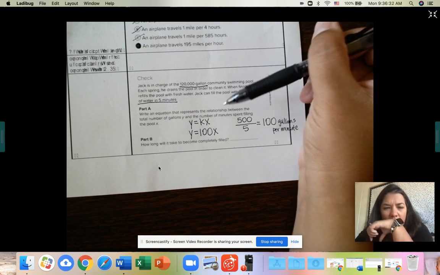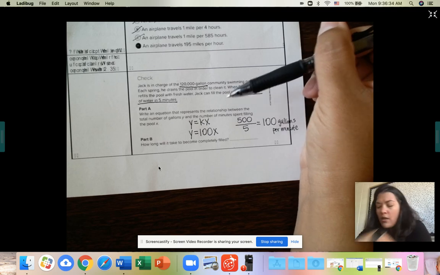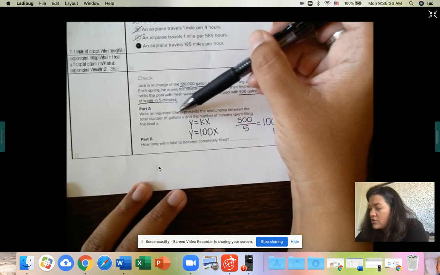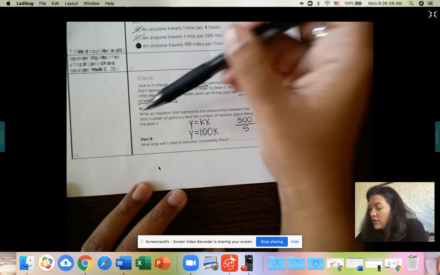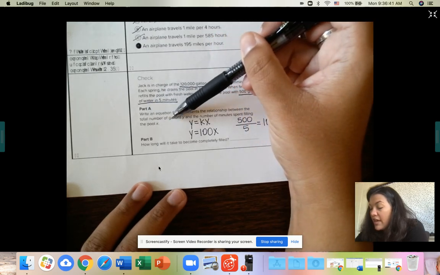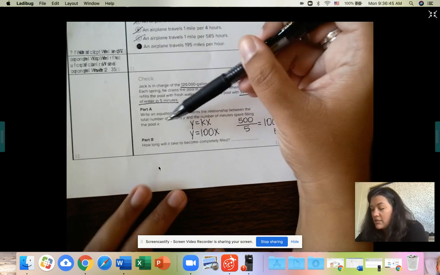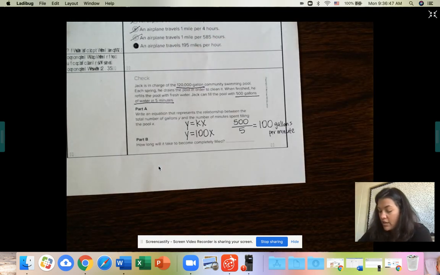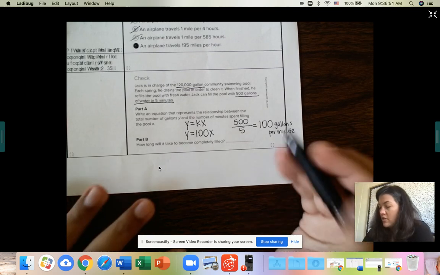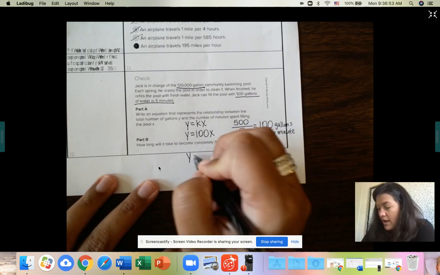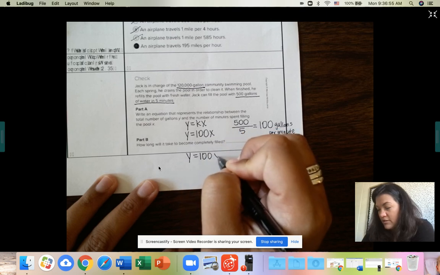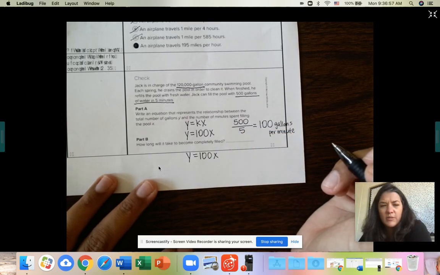What do we know about the equation? Write an equation that represents the relationship between the total number of gallons, Y, and the number of minutes, X. So let's go back to the equation. Y is equal to 100X. And let's look at this.